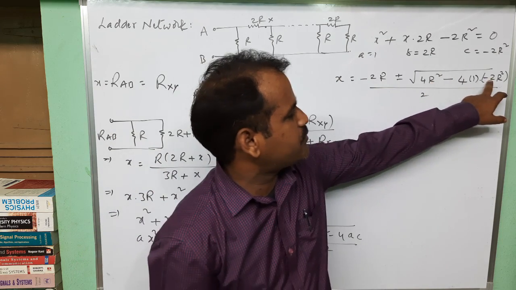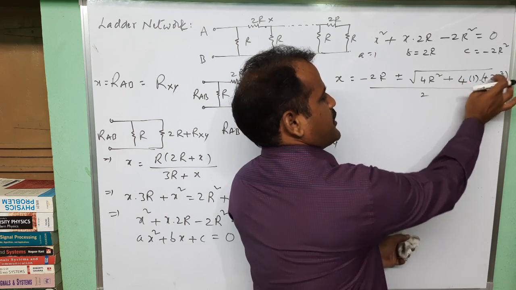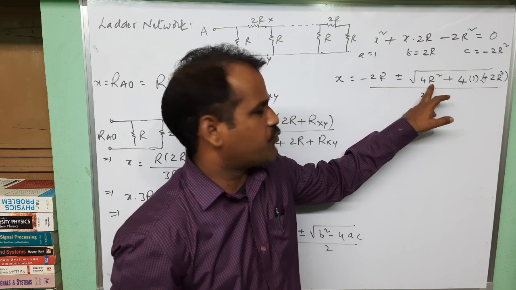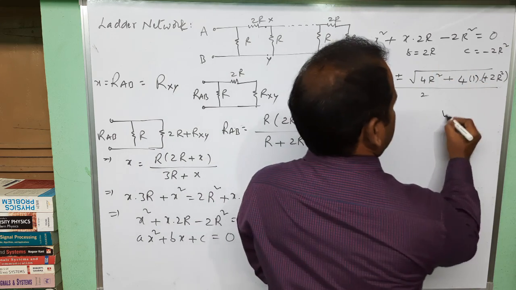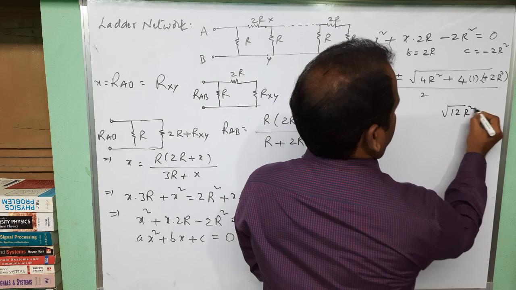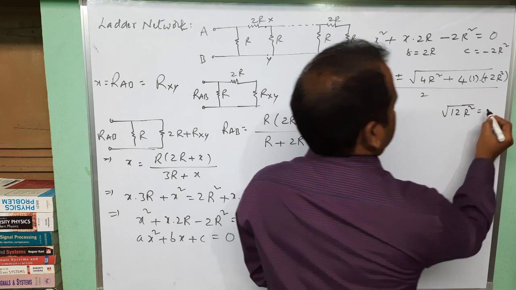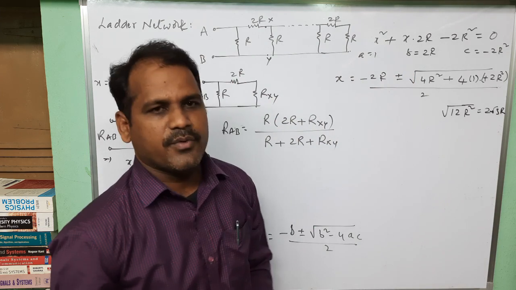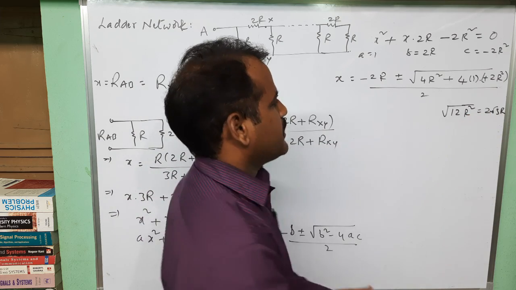Here minus minus is plus, 4 into 2, 8R square. Here it is 8R square and here it is 4R square. 8 plus 4, 12R square. That means the square root of 12R square we can write as 2 root 3 R. I am writing that one.